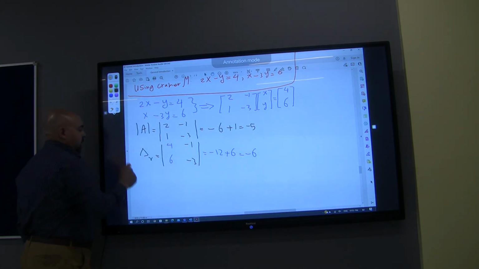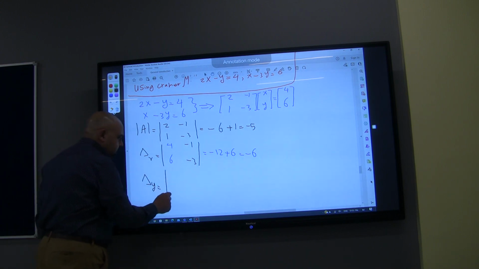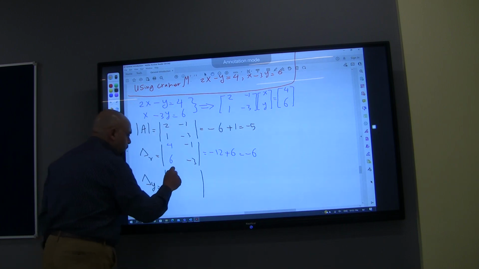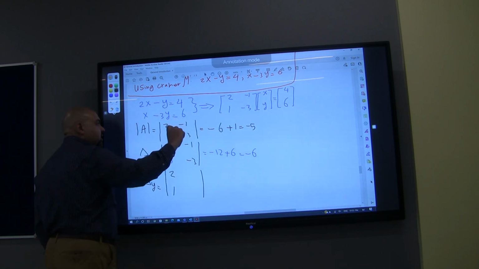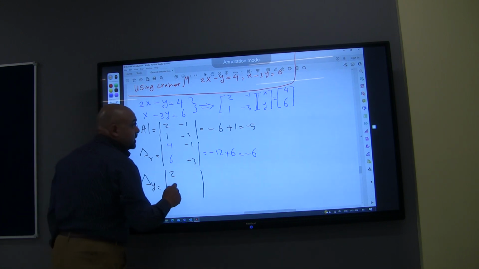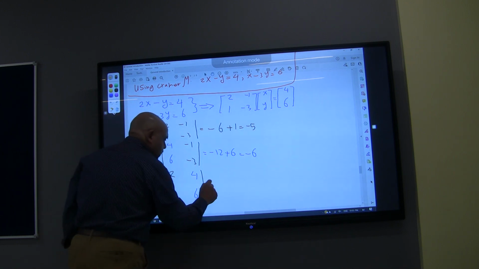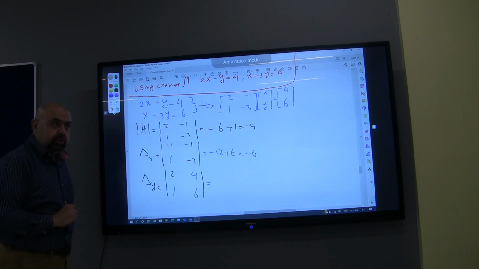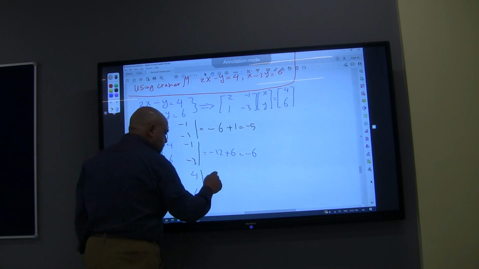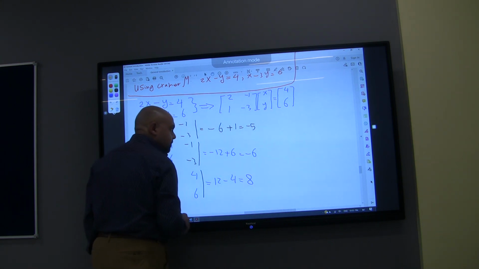In a similar manner, I can get delta y, with the same coefficients, but the second column I replace with 4 and 6. I evaluate this determinant once more: 12 minus 4, which develops to 8.